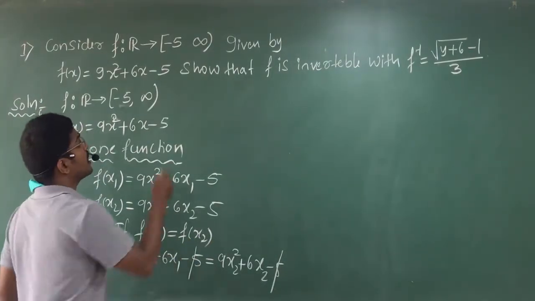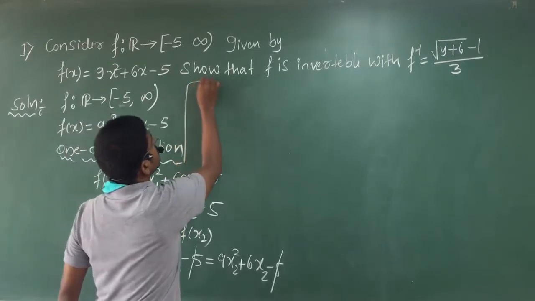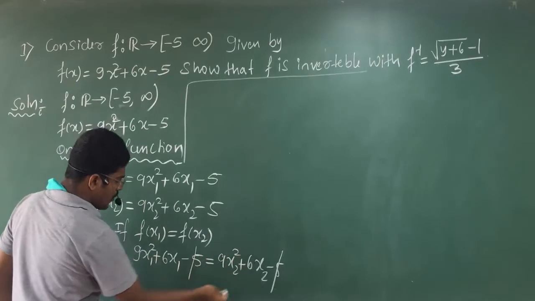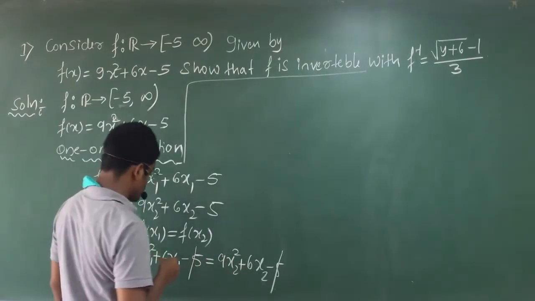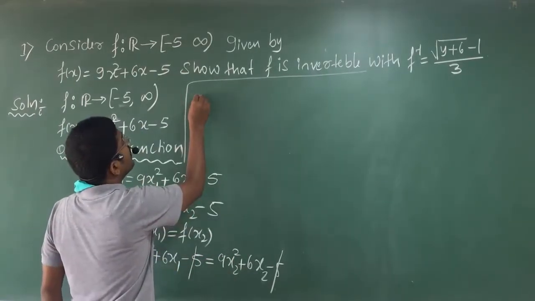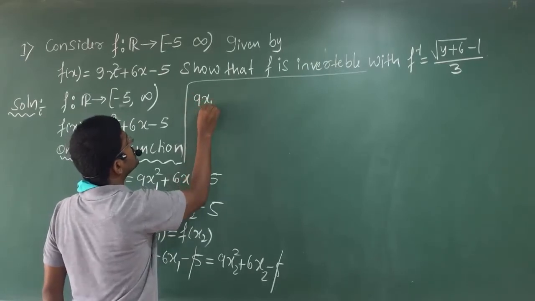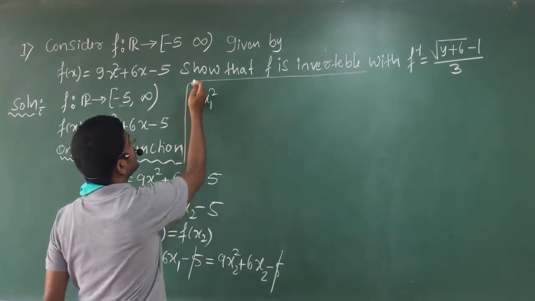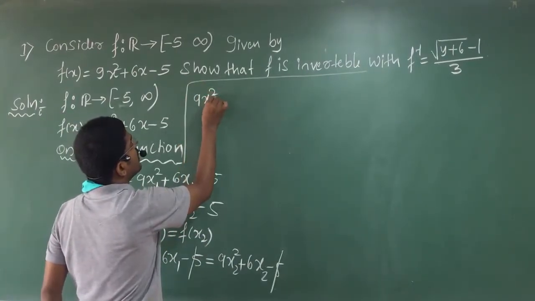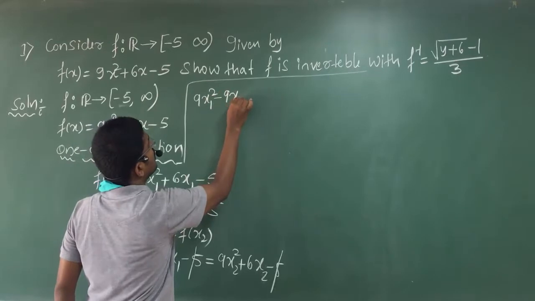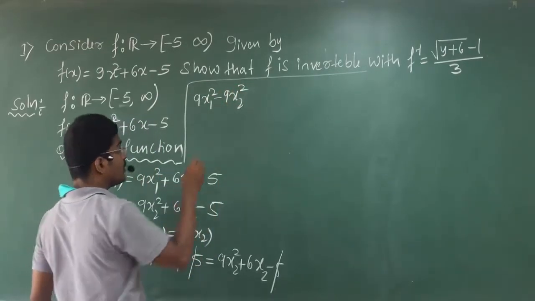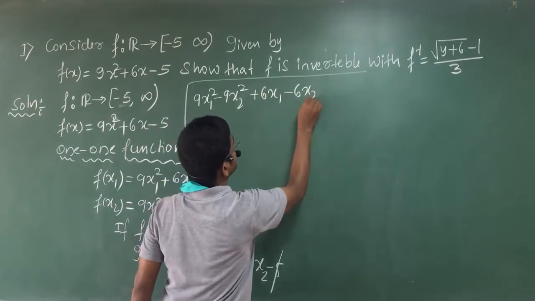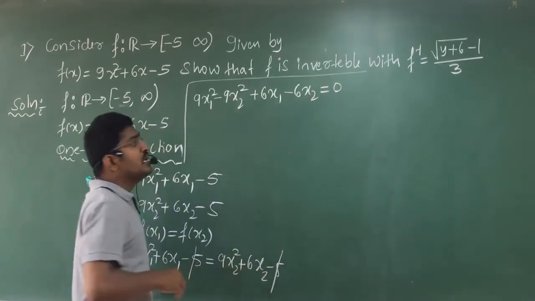Now further simplifications. Clear? So further you can solve it as, see, you take all the terms on the LHS, what you are going to have? 9x1 square. If I take all these terms on this side, you can write it as 9x1 square minus 9x2 square plus 6x1 minus 6x2 equal to 0.